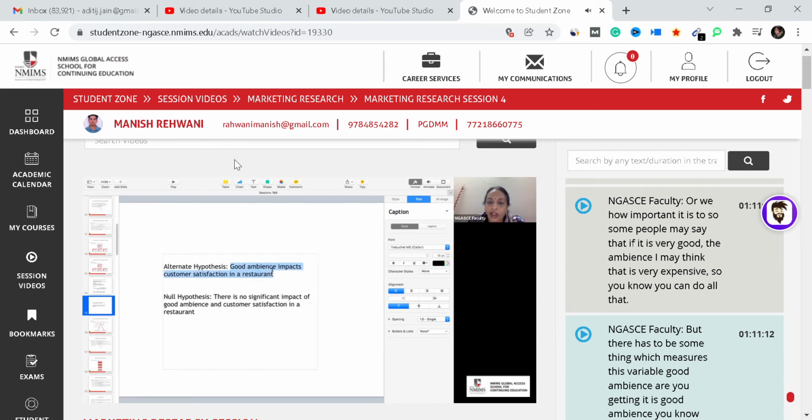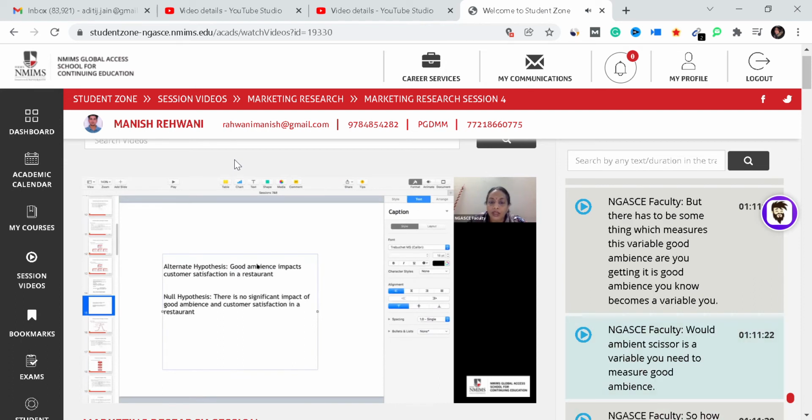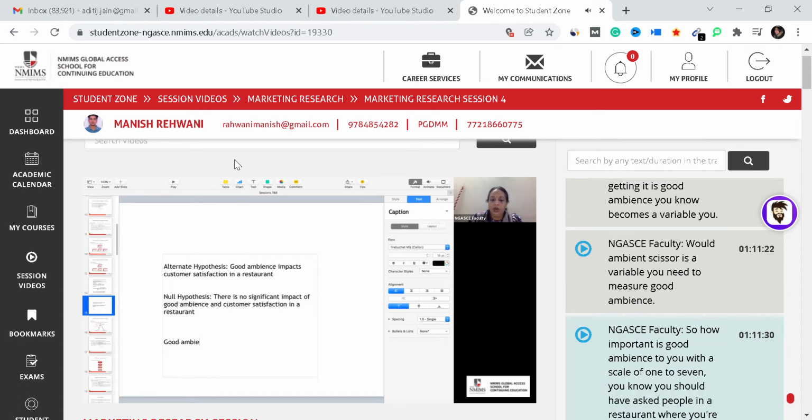Are you getting it? This good ambience becomes a variable here. You need to measure good ambience. So how important is good ambience to you on a scale of 1 to 7? You should have asked people in a restaurant where you are going to stand and eat, right? You should write it down.